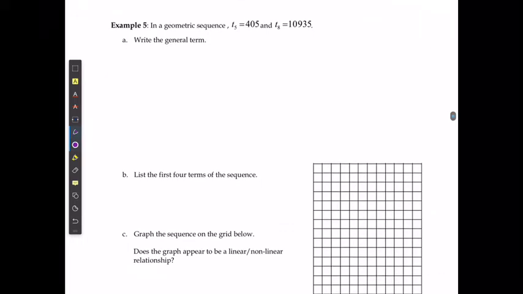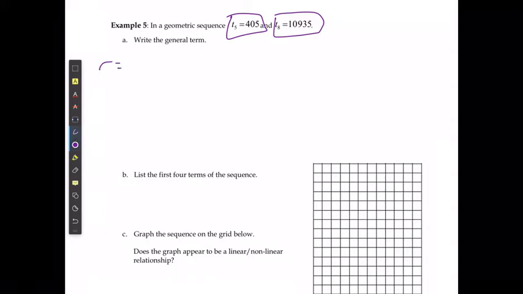For example 5, in a geometric sequence, if term 5 is 405 and term 8 is 10,935, then the first thing I'm going to do is solve my ratio.